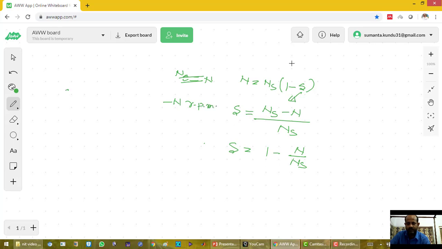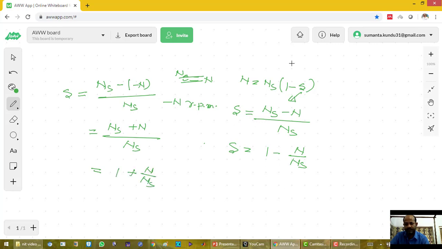So the slip for the backward field is ns plus n by ns, which equals 1 plus n by ns, and we know from here that n by ns equals 1 minus s.